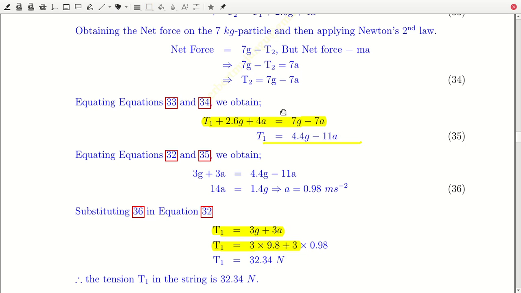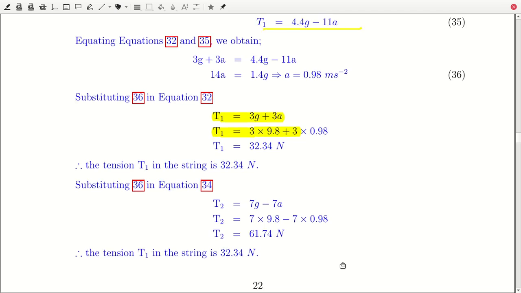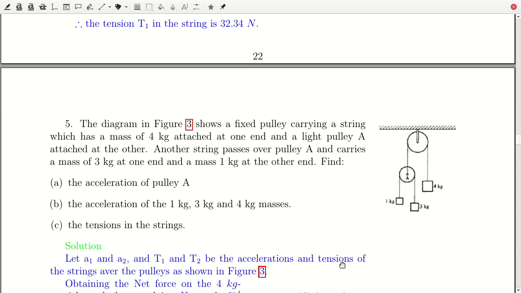Then if I also substitute the value of acceleration 0.98 in the equation we had got for the B particle of 7 kilograms, and simplify, I'll be able to get T2 equals 61.74 newtons. In all cases, I've been using acceleration due to gravity as 9.8 meters per second squared.